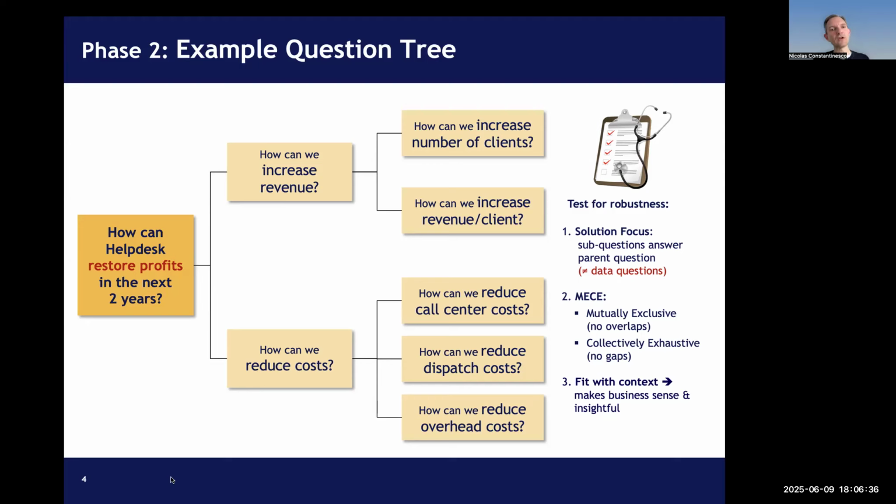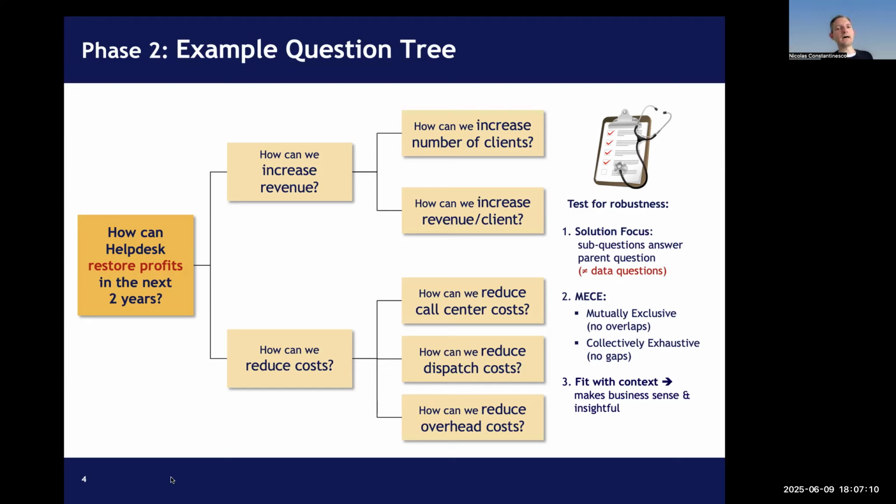In other words, the questions on the right-hand side are such that when we answer them, it gives us a partial solution to the overall problem. That makes the whole question tree very efficient. If we break down our question tree into questions that lead directly to answers, that's super efficient, as opposed to questions that lead to mounds of data.